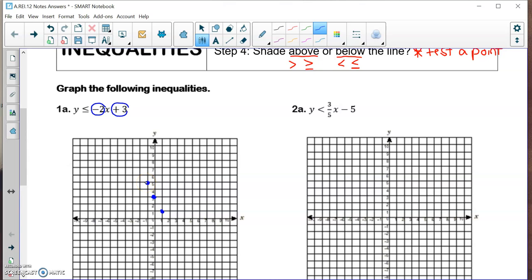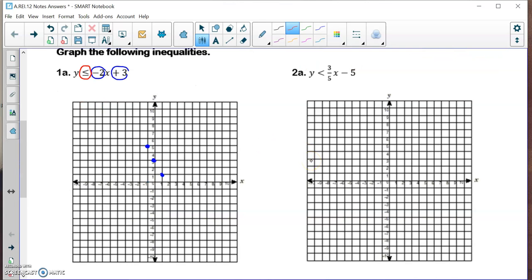Now, before we just automatically draw our line like we're used to with equations, with inequalities, your line could be dashed or solid. If your inequality symbol has an equal to sign within it, then you will have a solid line. So for this one, we will have a solid line.